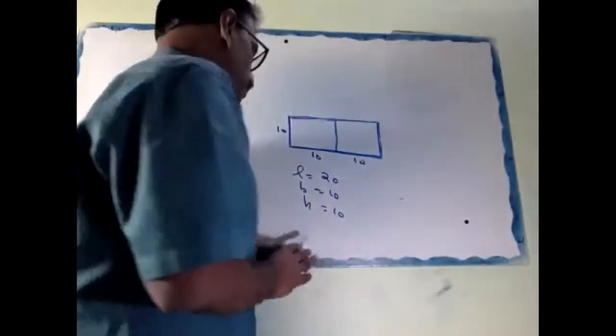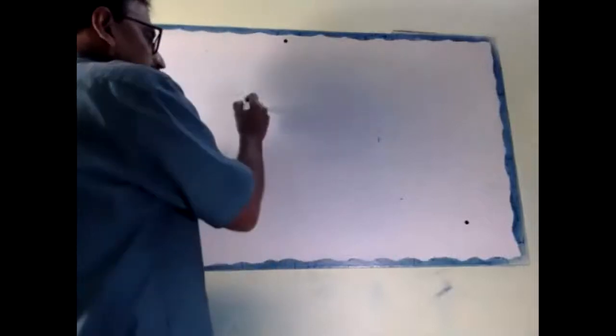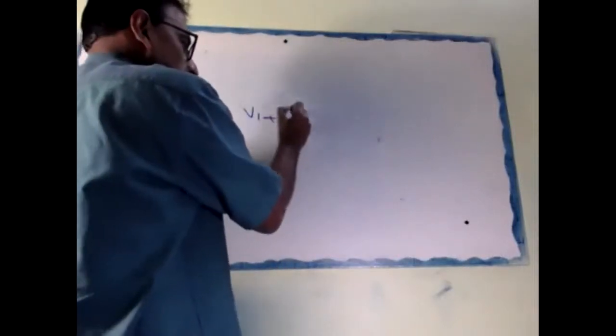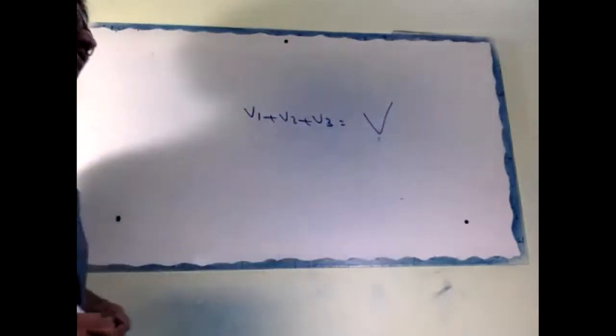Look here. 3 cubes, V1 plus V2 plus V3 equal to V. Correct or no?